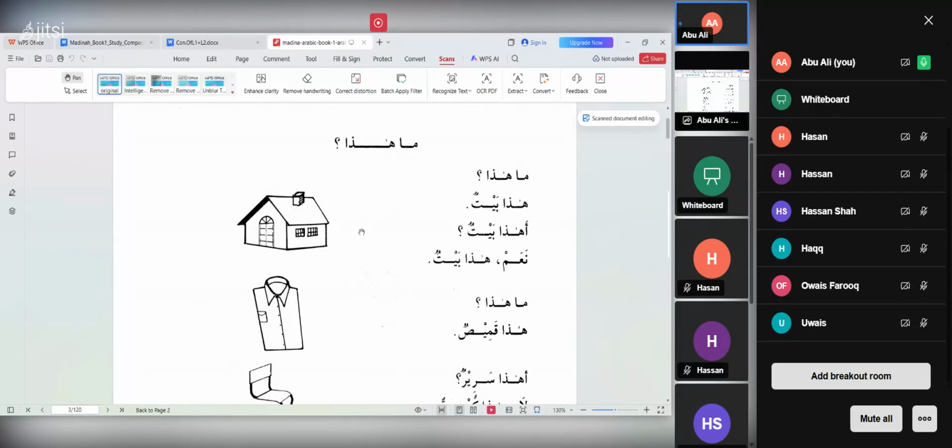ما هذا. When I use ma, we said that it's for unintelligent things, or for the essence of intelligent beings. ما هذا is an interrogative sentence, جملة استفهامية. It's still a nominative sentence, so the rule still applies.